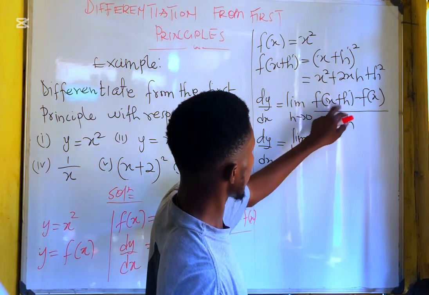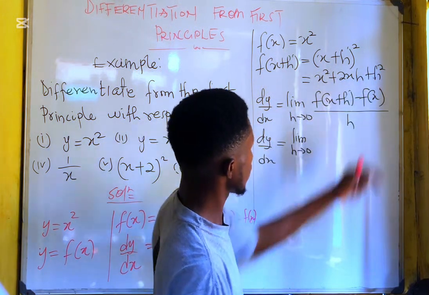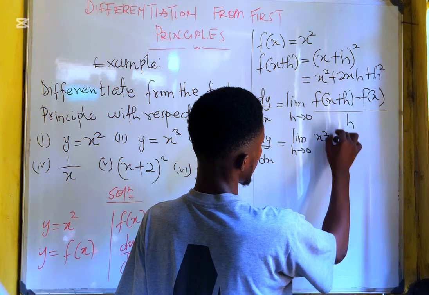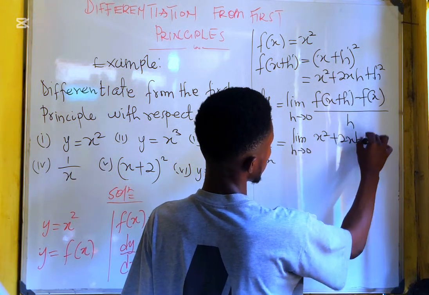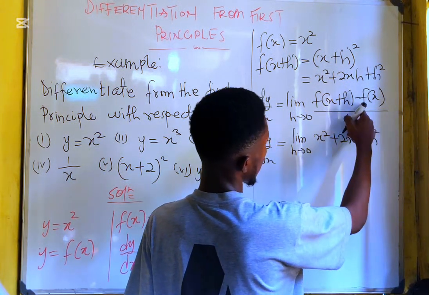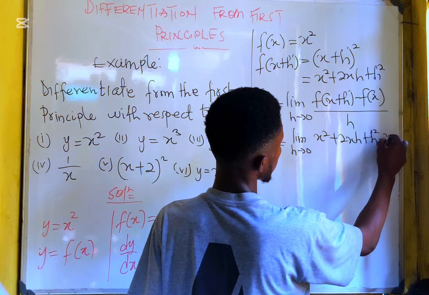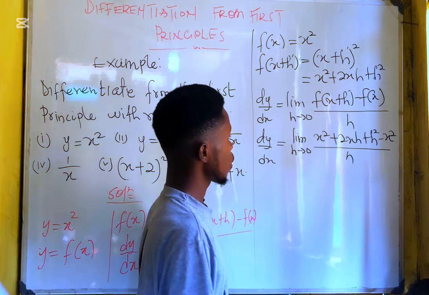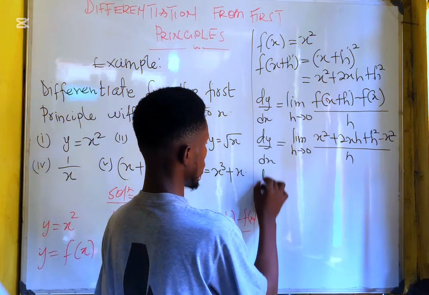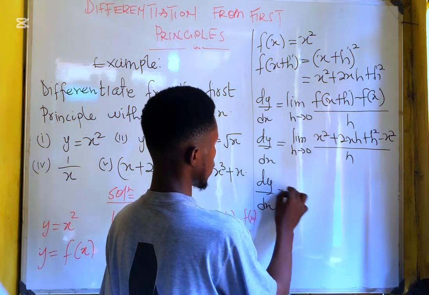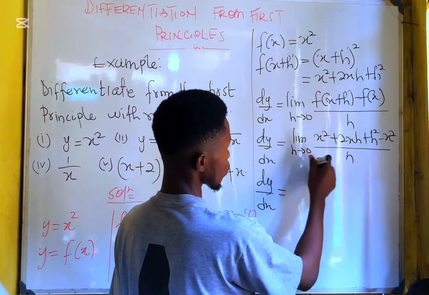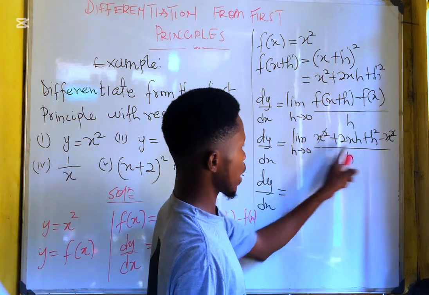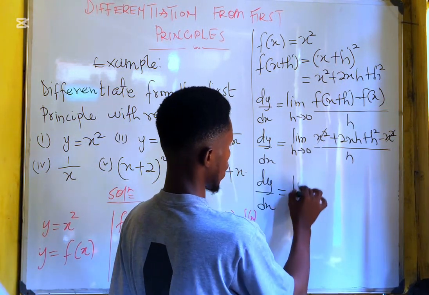Now f(x plus h) is the whole of this, so I'm going to have x squared plus 2xh plus h squared. f(x) is just x squared, so minus x squared all divided by what? h. Okay. So my dy/dx will be equal to this, and that will cancel because they are of opposite sign. Can you see that? So what do I have left here?